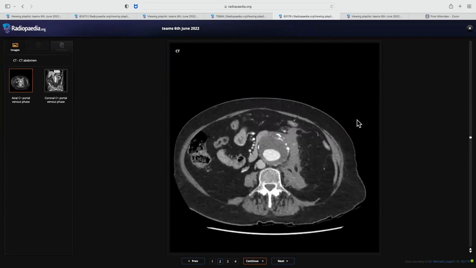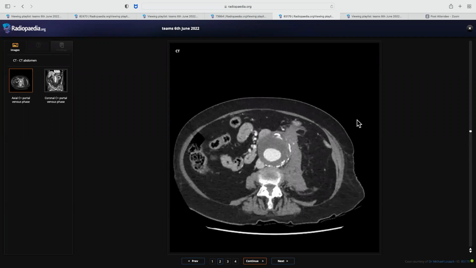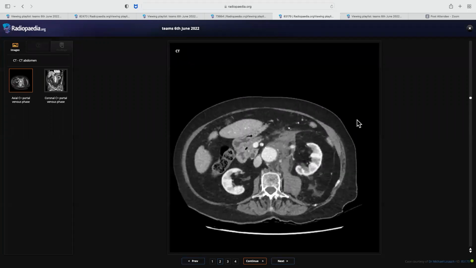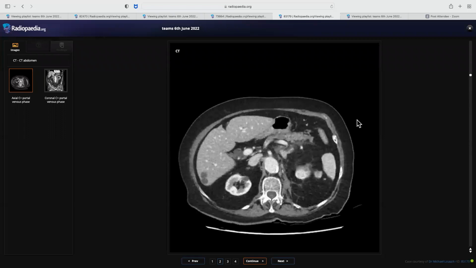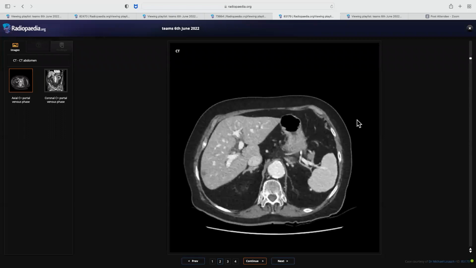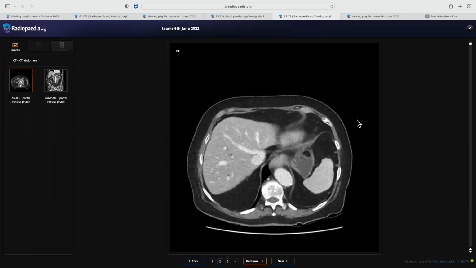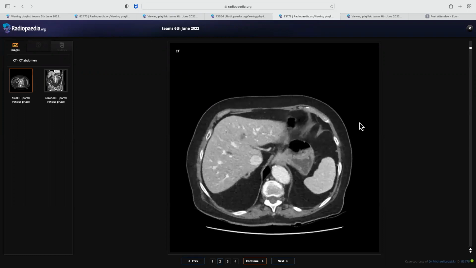Okay, based upon my suspicion from the X-ray, I can see there is aneurysmal dilatation, but I will quickly see the images once before I comment.